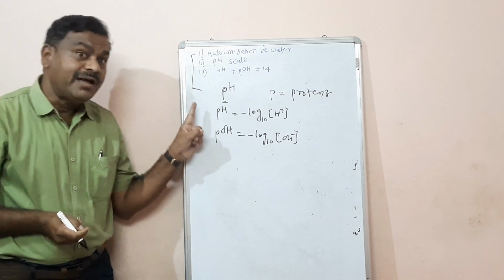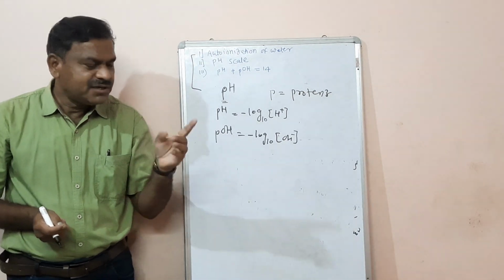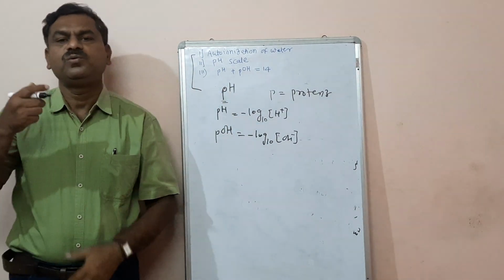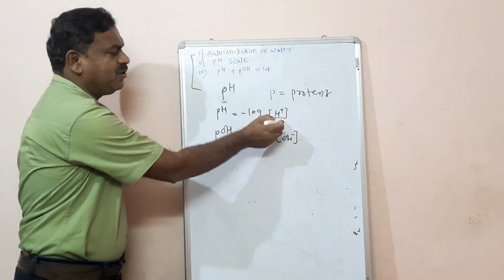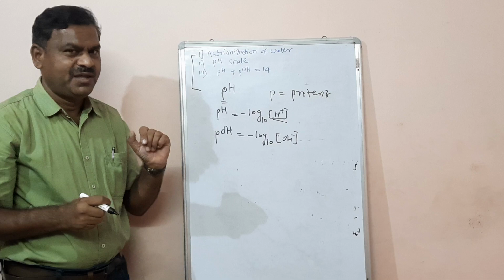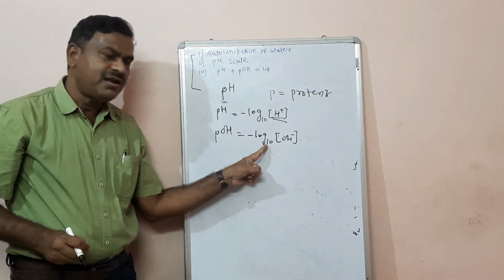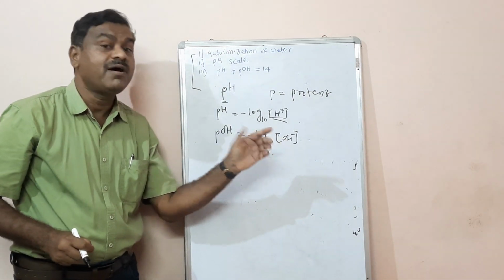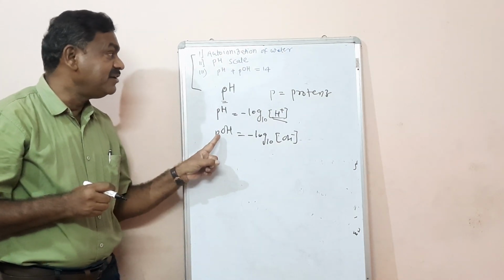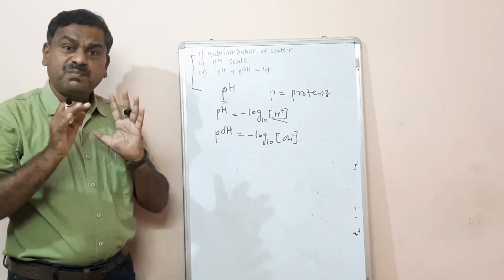In words, pH is the negative logarithm to the base 10 of the molar concentration of hydrogen ions, and pOH is the negative logarithm to the base 10 of the molar concentration of hydroxyl ions. These are known as pH and pOH.